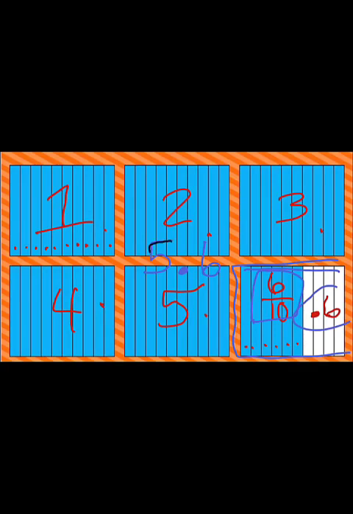So our number here is 5 and, for our decimal, 6/10. Here we have 1, 2, 3, 4, 5, 6, 7, 8, 9 flats broken into hundredths.